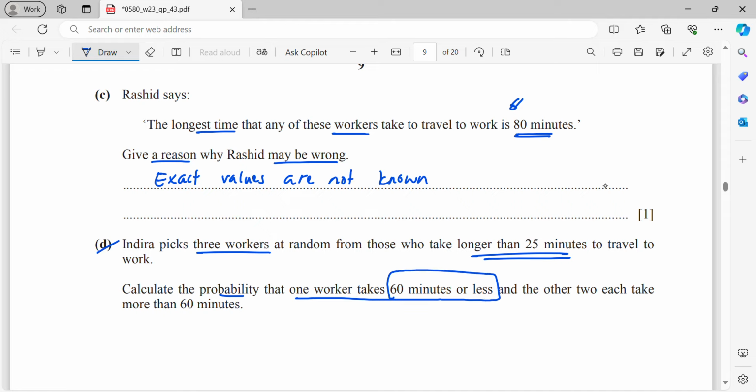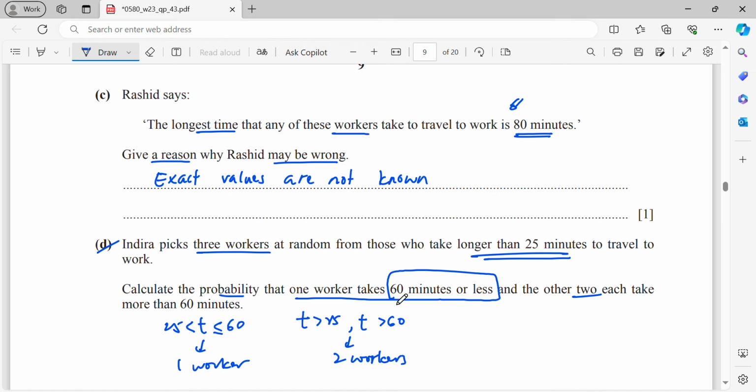So one worker has a time greater than 25 but less than or equal to 60, and then the other 2 each take more than 60 minutes. So it is greater than 25 but at the same time greater than 60 minutes. So here, 2 workers.